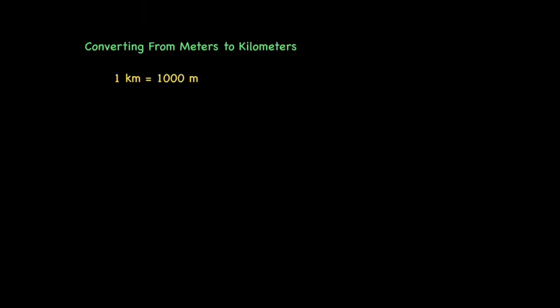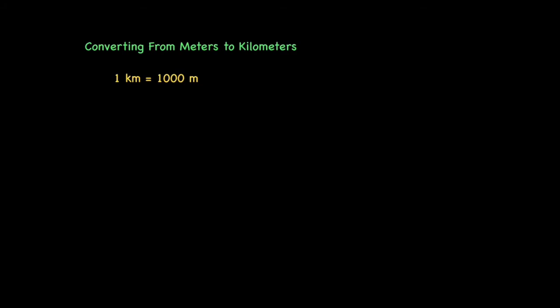Now, what about the reverse? What if we want to convert meters to kilometers? Again, the key is the direct relationship of the units. As we know, 1 km is equal to 1,000 m. Now from here, what we will do is find the direct conversion of 1 meter to a kilometer.